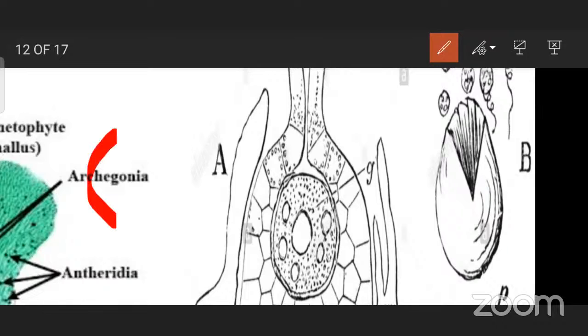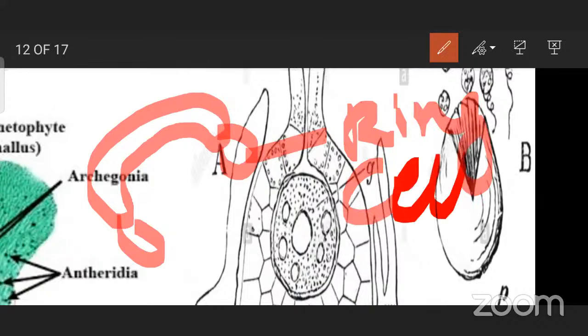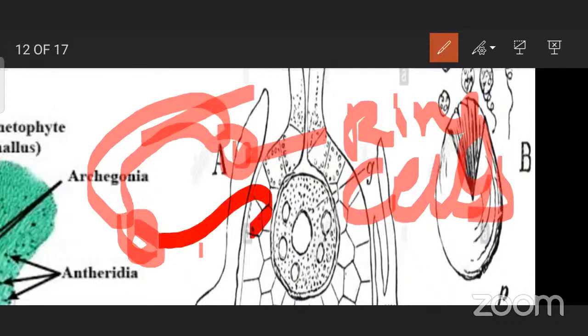A ring-like basal cell will be present, one single in the antheridia. One basal cell will be present, and two cells will be present. These are ring cells. Two ring cells are there. These two are ring cells, and this is a basal cell, and here one lid-like structure will be there. That is going to be the cap cell.